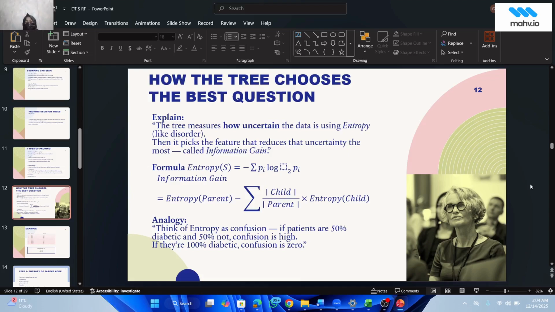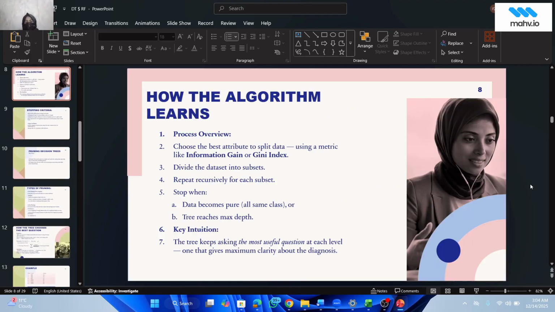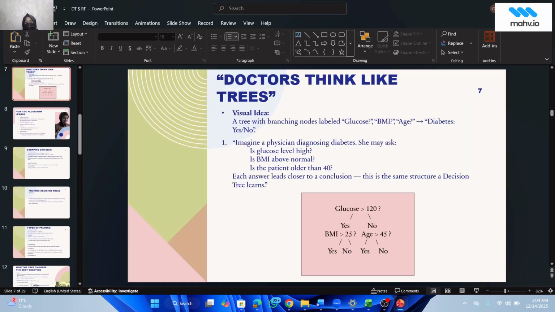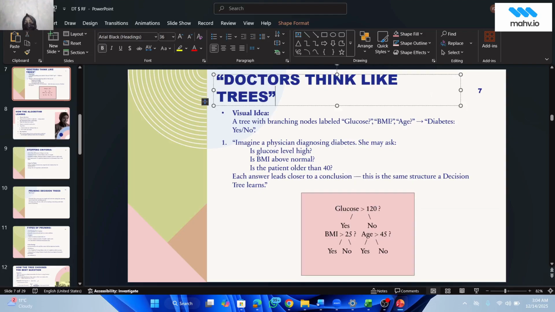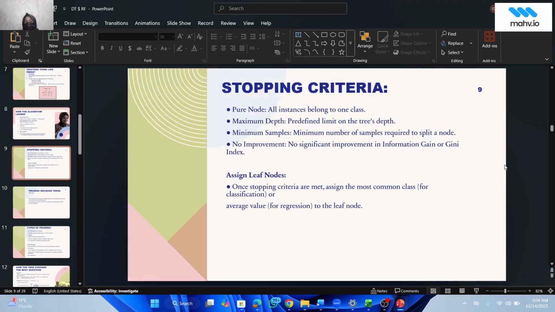It has to be checked with the formulas, and after that it is decided which feature will be at the root node, at the top. It is not randomly assigned. Your tree chooses the root node, the starting point, by processing through various levels.